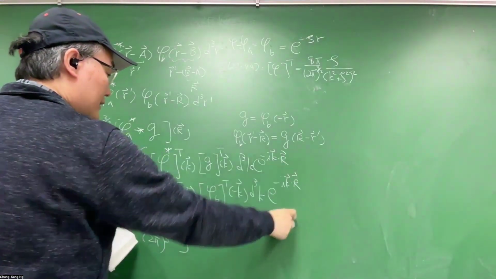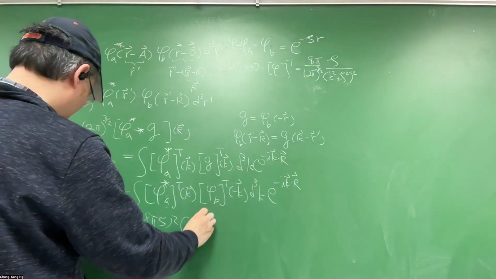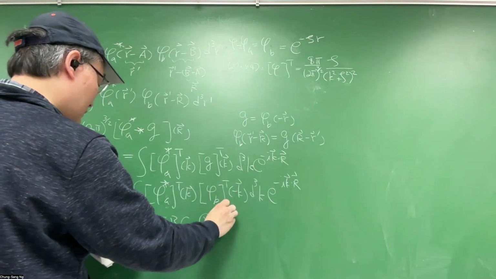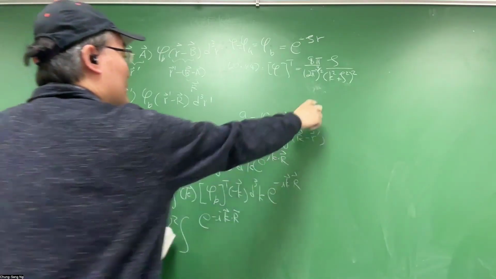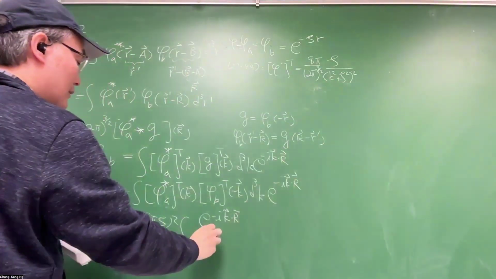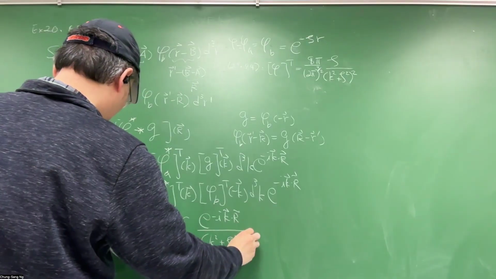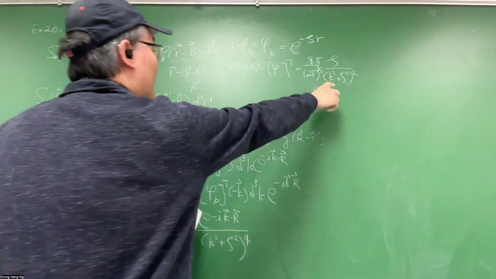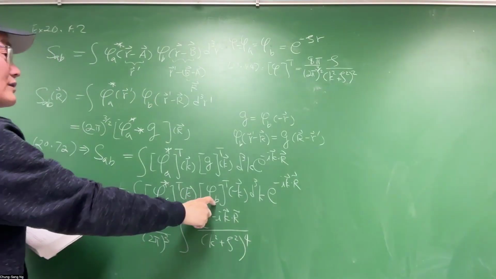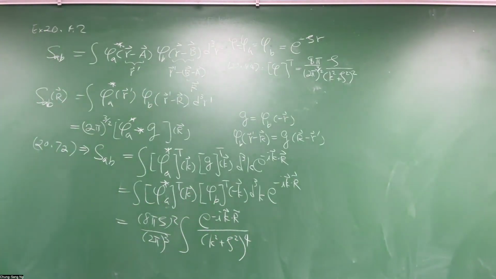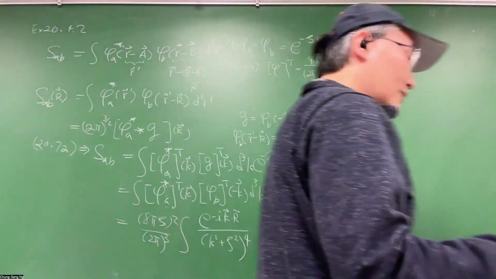What is involved is this factor with k, e to the i k dot r, and all these with a k in the denominator. Theta squared, factor 4, because you have two of these. That is the integral.